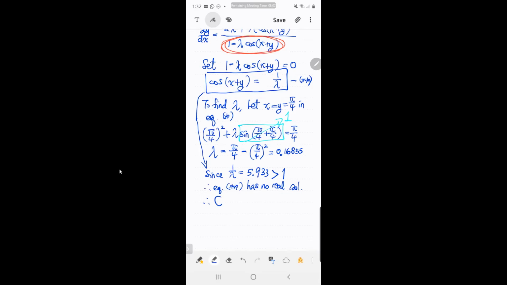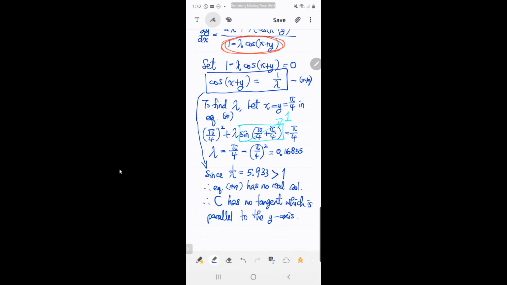Therefore, C has no tangent which is parallel to the y-axis. Okay, so that's how you argue.